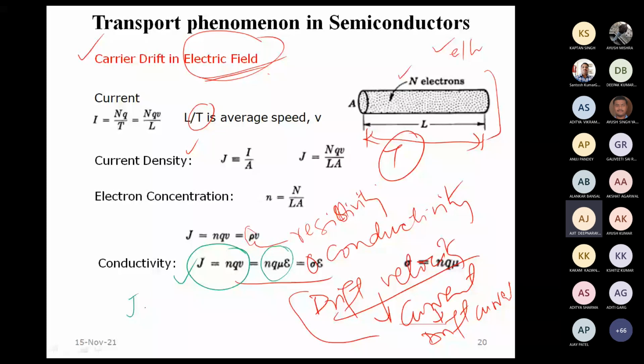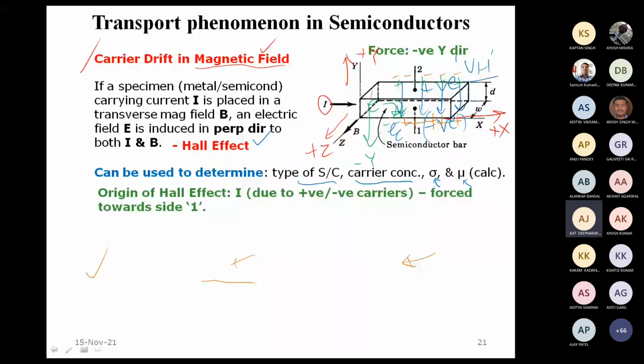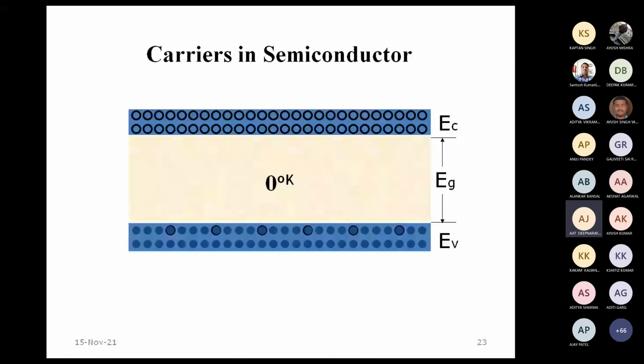These two types of currents are possible in semiconductors, and apart from this, we try to see the transport phenomena in semiconductors under the magnetic field. After this, there are some other small concepts which we will see as we proceed in this course.